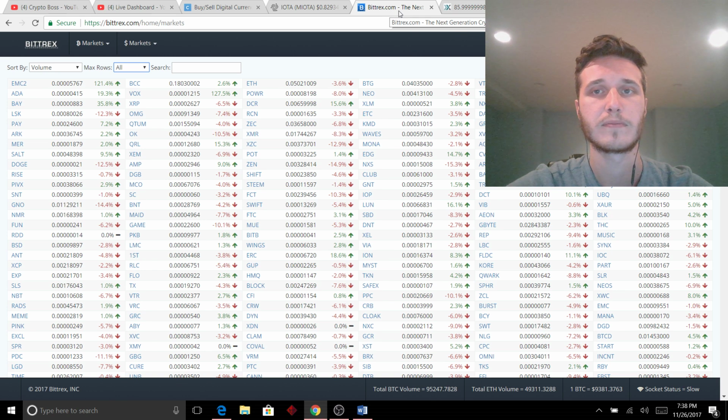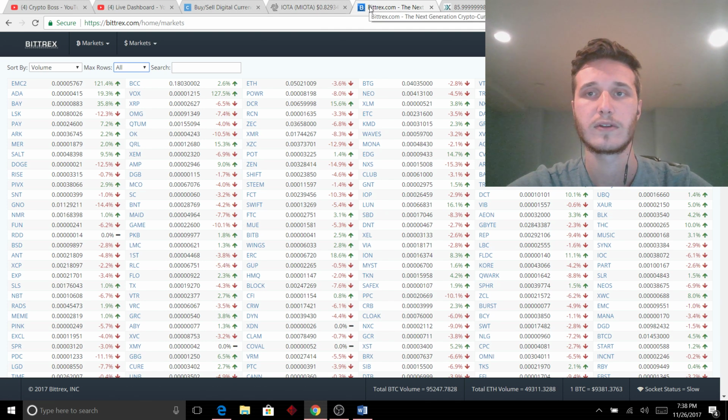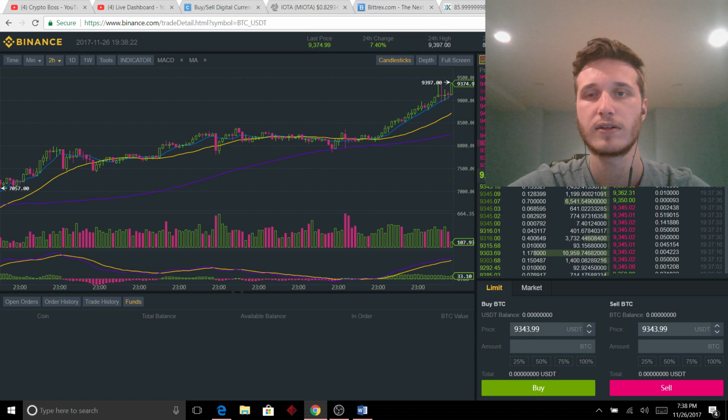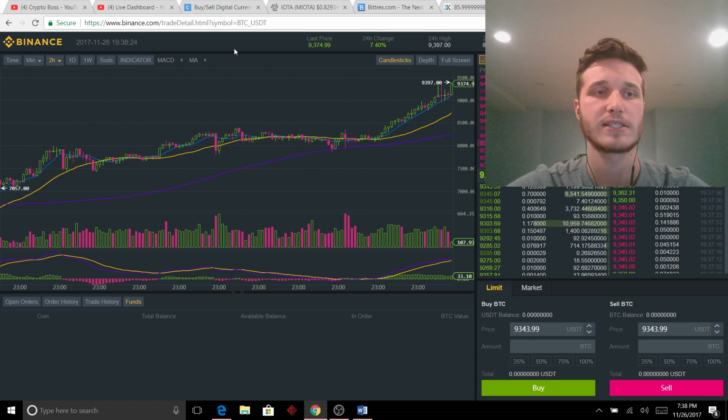You can just make all 3 accounts, and then send the money to whichever account has the coins that you want. I would say Bittrex because it has the most coins, but I'm pretty sure the fees on Binance might be slightly lower.